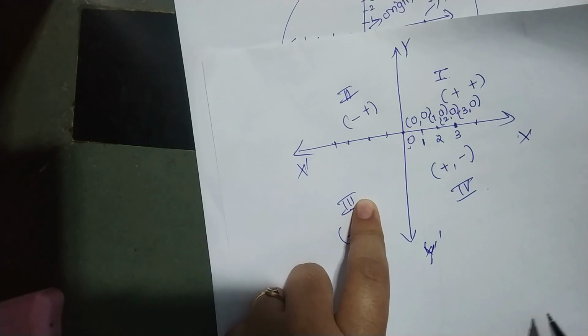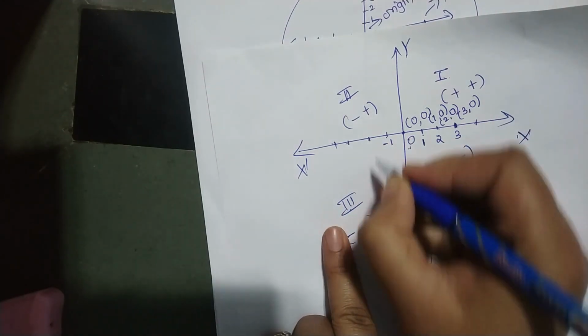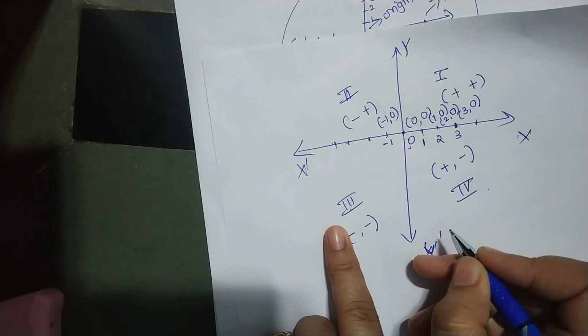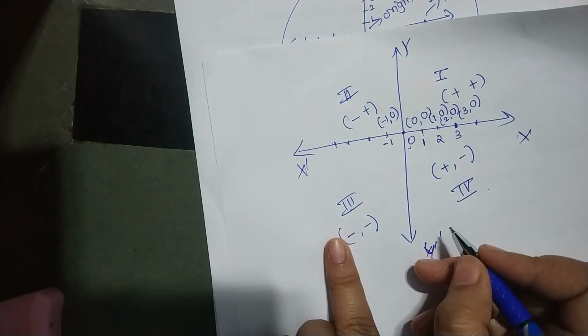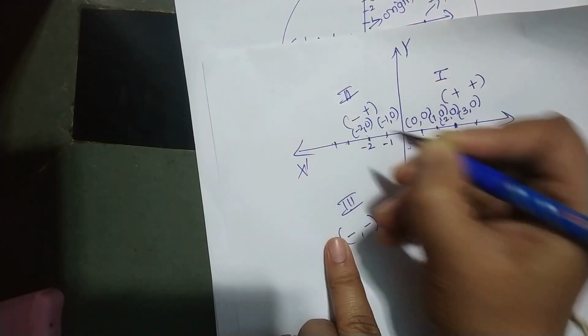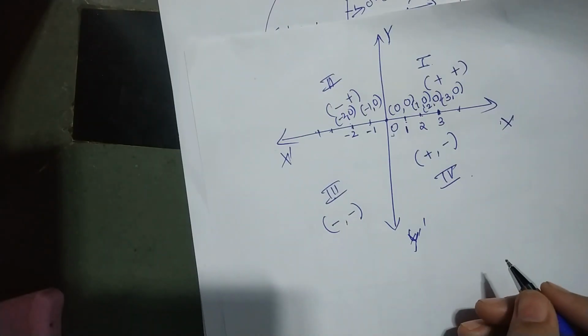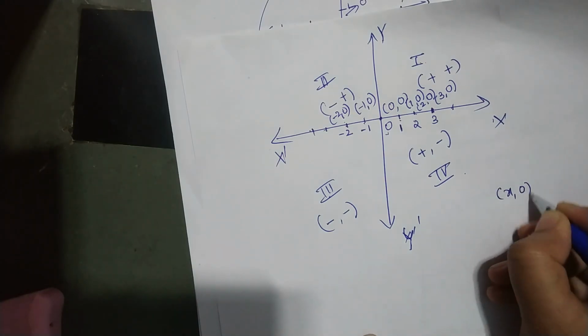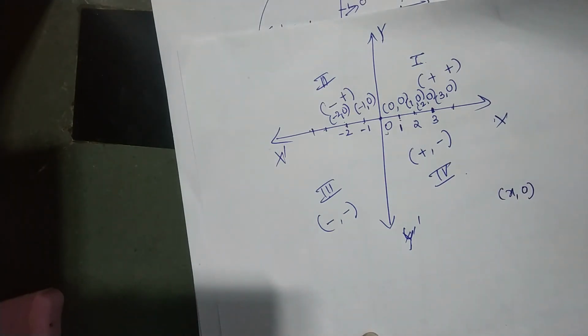So on. What are the coordinates for x equal to -1? That is (-1, 0). The x value is present and the y value will be 0. Similarly, (-2, 0), and so on. In general, the coordinates of any point on the x-axis are of the form (x, 0).